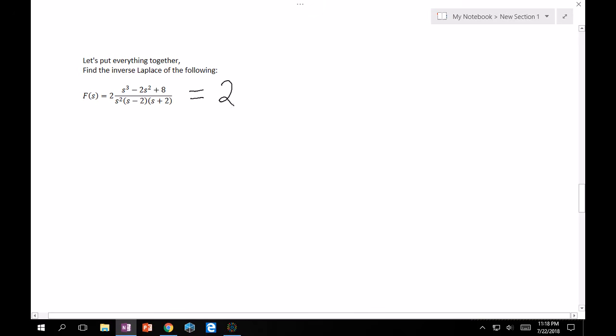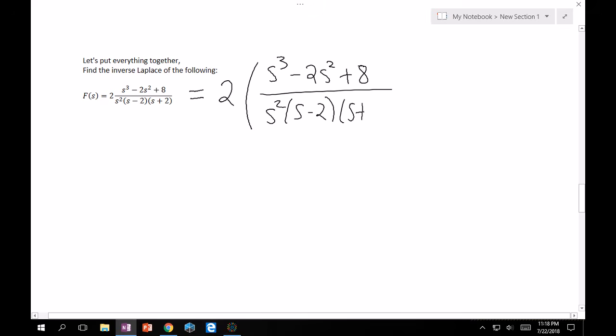As in, let's just put the 2 outside for now. And then let's just consider (s cubed - 2s squared + 8) over s squared (s - 2)(s + 2). Okay, let's split this up. Let's pretend the 2 isn't there, because really it's irrelevant. We can multiply everything by 2 later. The s squared term is going to have an s and an s squared, right?